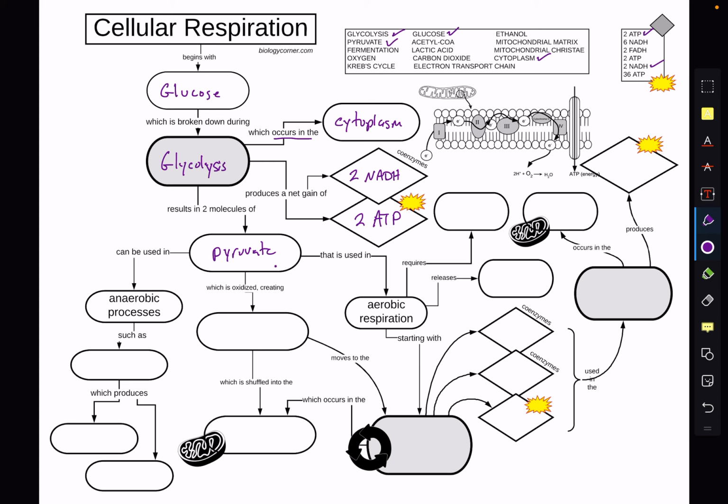Well, if we're going to go through the aerobic respiration pathway, let's see what happens. Pyruvate can be oxidized to make acetyl-CoA. Acetyl-CoA in aerobic respiration goes into the Krebs cycle.